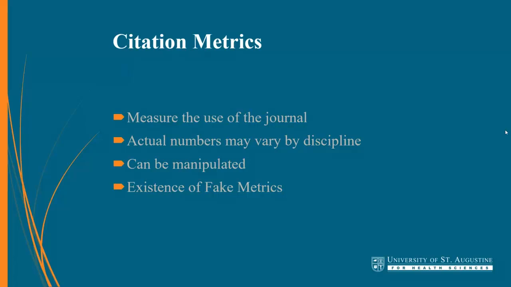So those numbers can vary pretty widely between disciplines. You want to keep a sense of what a given metric means within your field, and take that into account if you're transferring into a different field.